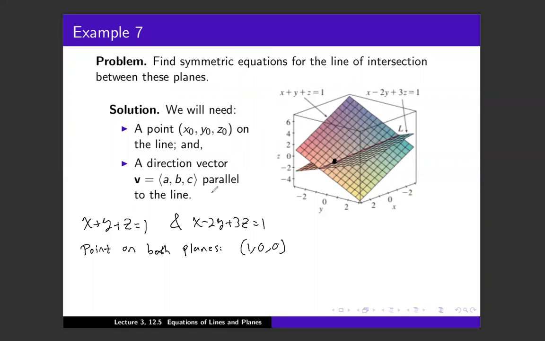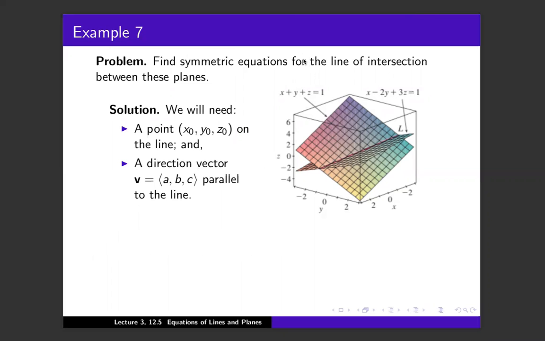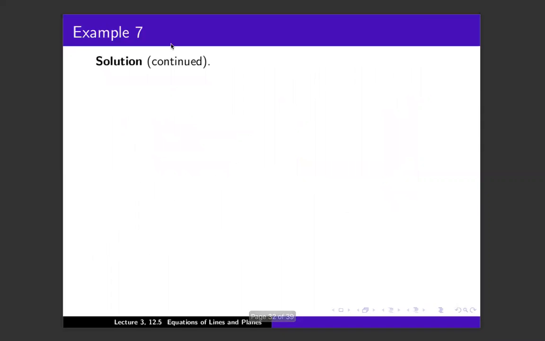The direction vector is going to be a vector that's inside of both planes. So let me say that again a little bit more clearly. The direction vector is going to be inside both of these planes, right?